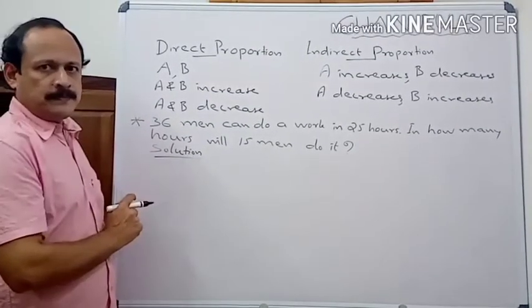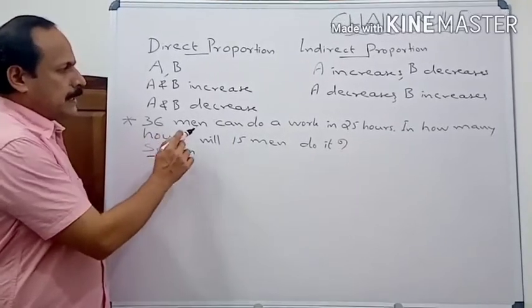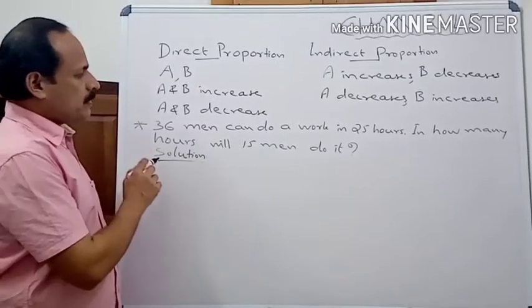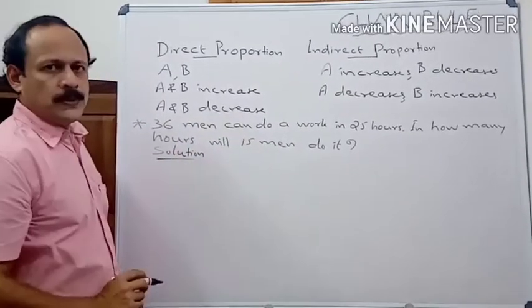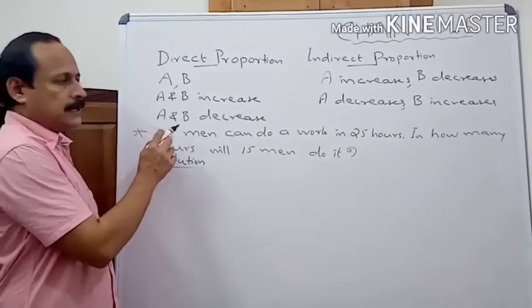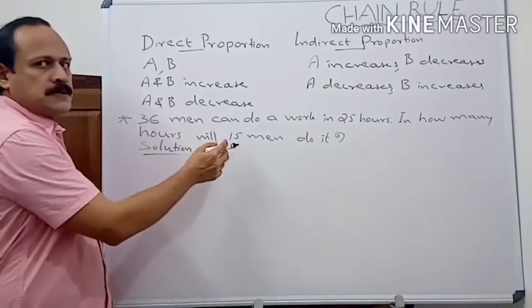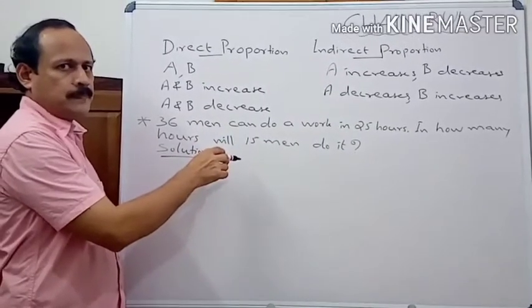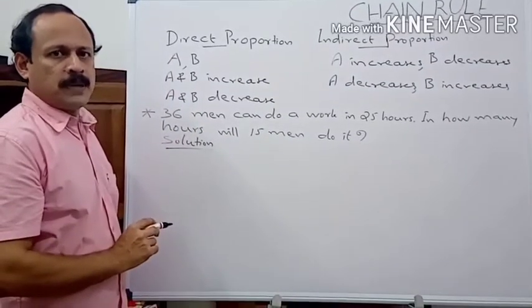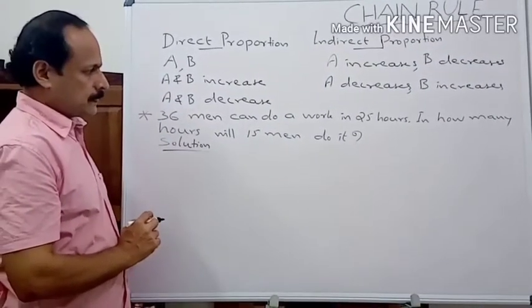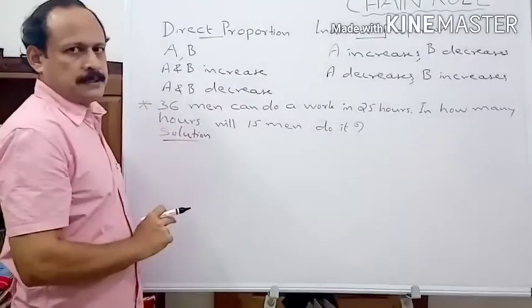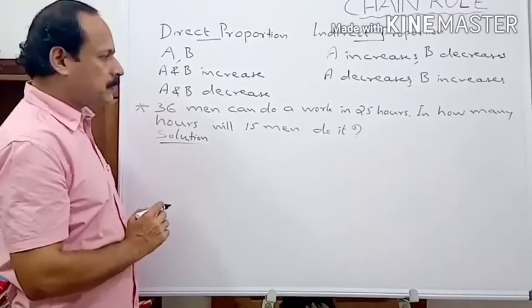Next we go to a case where indirect proportion is involved. Take this question: 36 men can do a work in 25 hours. In how many hours will 15 men do it? We know that when 36 men decreases to 15 men, naturally the number of hours required to complete the work increases. Therefore, number of men and hours needed are in indirect proportion.